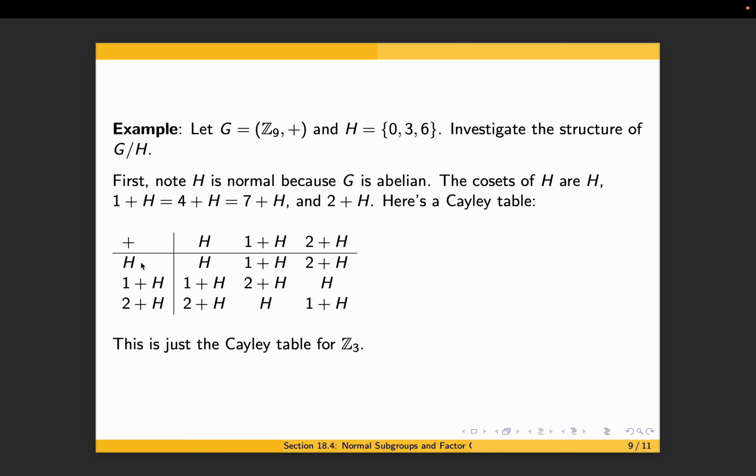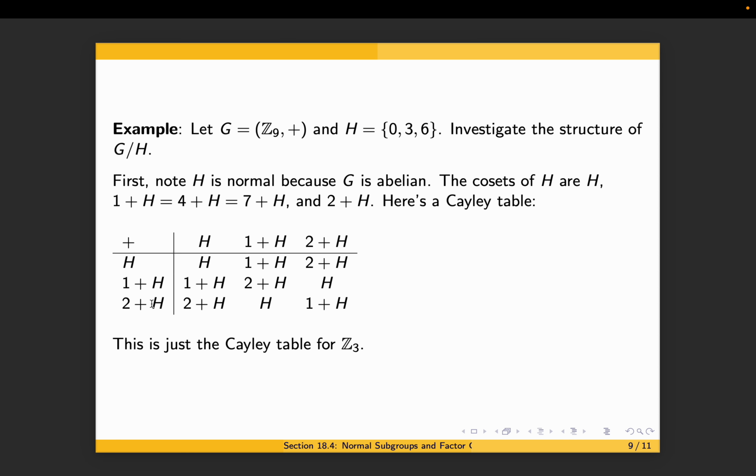And so on. Like, what's H plus H? Well, that's 0 plus H plus 0 plus H. 0 plus 0 is 0. Anyway, that's how you form a table like this. Let's do it like this: 2 plus H plus 1 plus H. What is that? Well, you just do 2 plus 1, which gives you 3 plus H. But 3 plus H is just the original subgroup. 3 and 0 are glued together now.